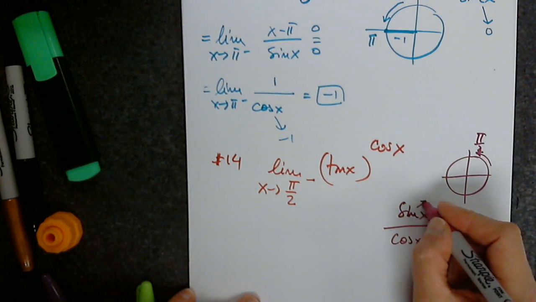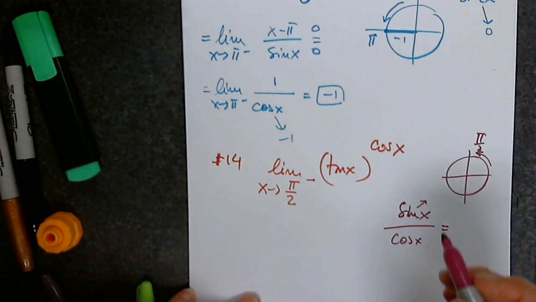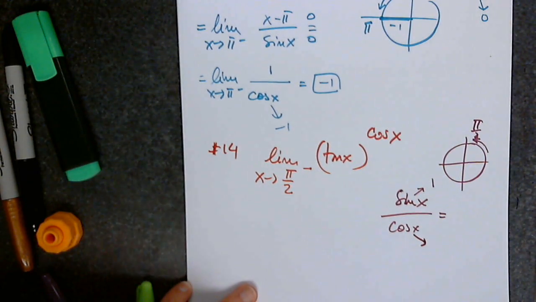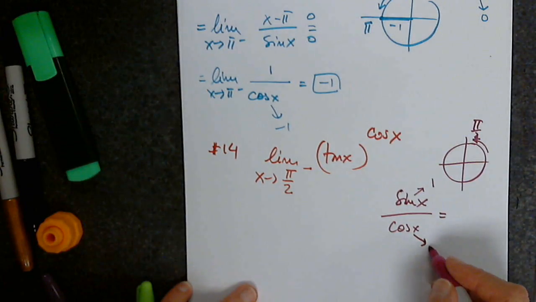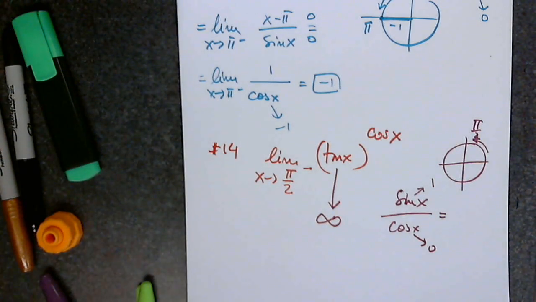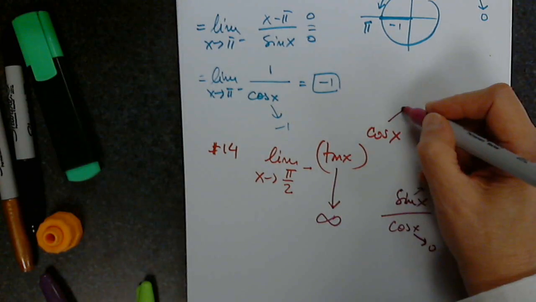Where does sine go? Very good. Where does cosine go at pi over 2? How much? Perfect. So then tangent will approach, yes, indeed, infinity.